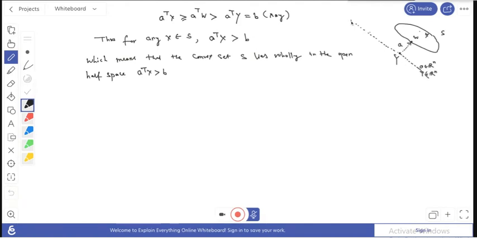Okay, and this is your hyperplane H. And this completely lies on one of the half spaces.